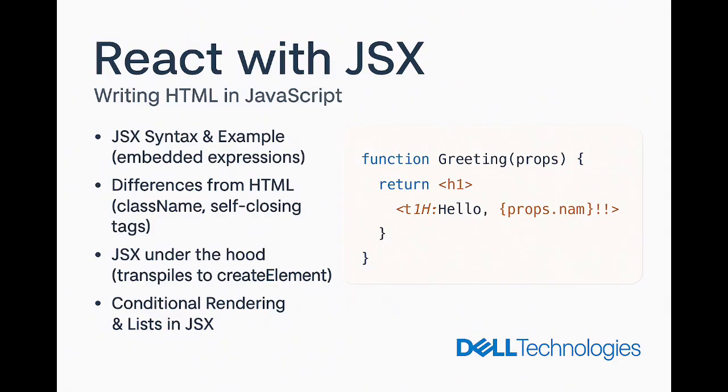Spread operator in JSX. You can spread props with curly brackets, ...obj. For example, if you have name: Alice, age: 25, you can do const props = {name: 'Alice', age: 25}, then <Person {...props} />, which is equivalent to passing each prop individually. This is convenient for passing many props or forwarding props in a wrapper component. But be careful not to overspread, like passing unrelated props to DOM elements, which would show up as unknown attributes in the HTML.